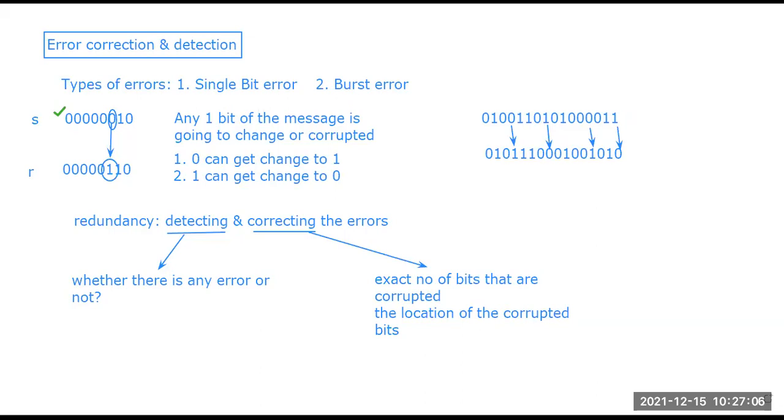The redundancy bit helps in error detection and correction through two factors. The first is the ratio of redundant bits to the data bits. The second is the robustness of the process.